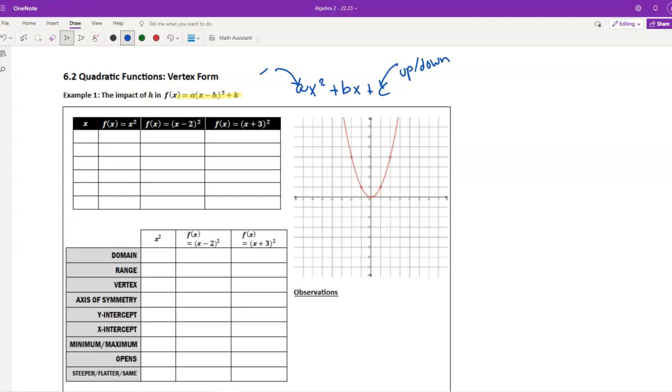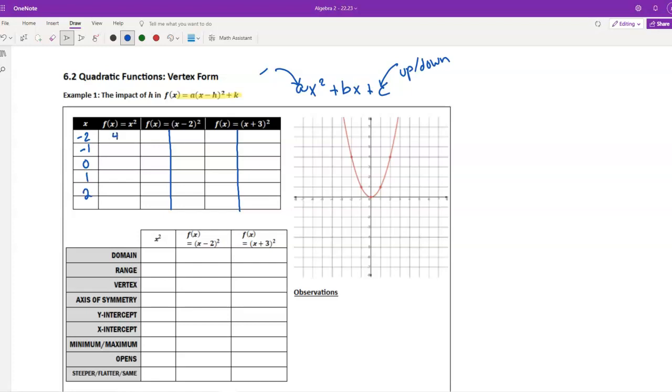So I'm making a slight change. I'm going to put a different set of x's right here. The parent function is already graphed, and those anchor points are -2, -1, 0, 1, and 2.